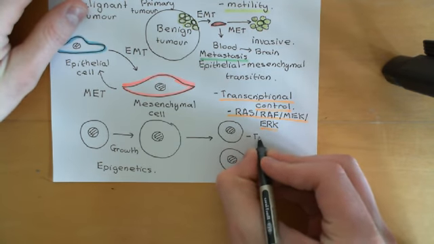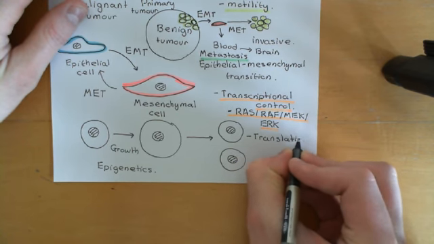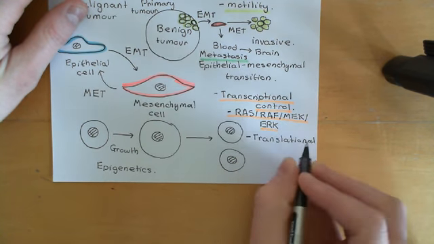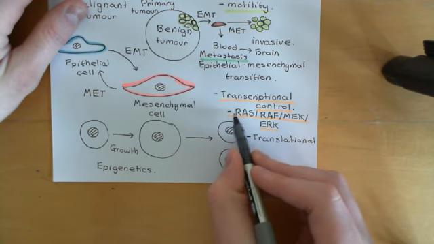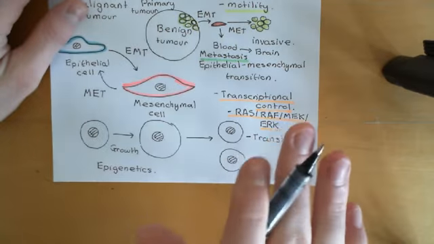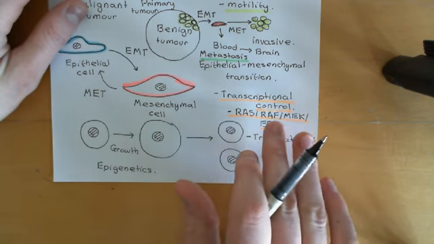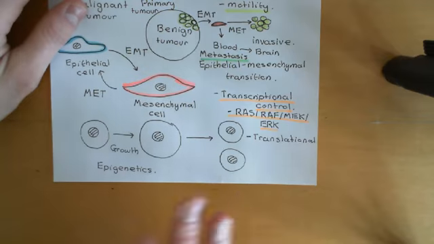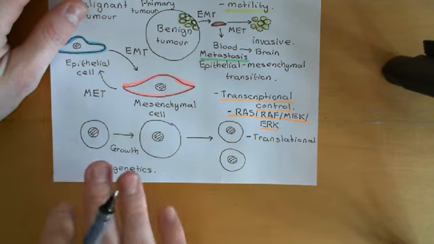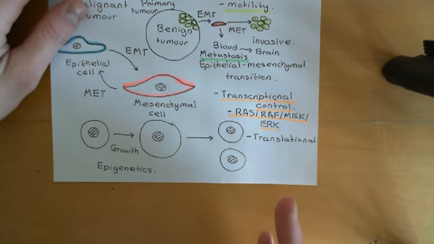You can control which mRNAs are actually going to be translated into protein. So the transcriptional control has now said, right, transcribe all of these genes that are involved in making the cell divide. The RAS-RAF-MEK-ERK pathway does that. It changes which genes are transcribed and gets you ready for the actual division process.